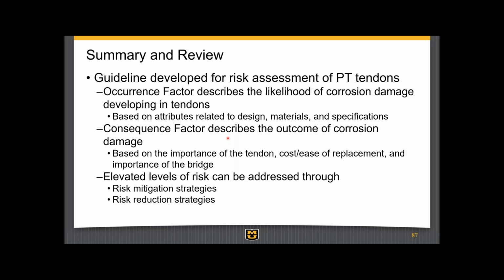The concept is that now we have a methodology for characterizing elevated levels of risk and putting them on a numerical scale to communicate it and say, okay, this is moderate to high risk because it scores 37, for example. Well, we should implement some risk reduction strategies in order to make that bridge a low risk of corrosion damage during the life of the structure.